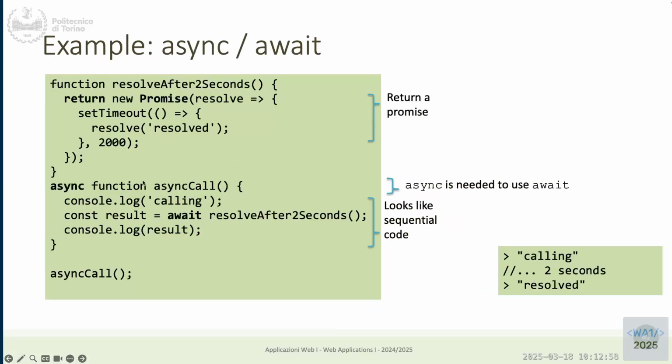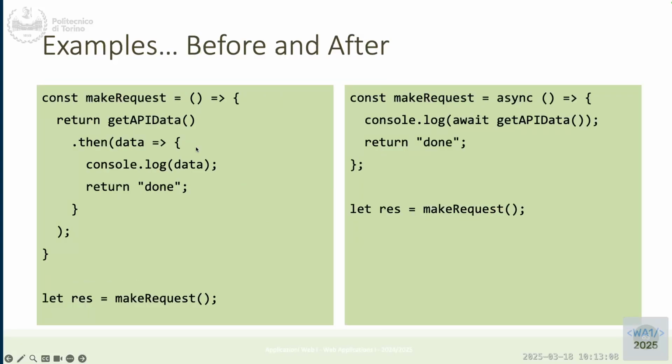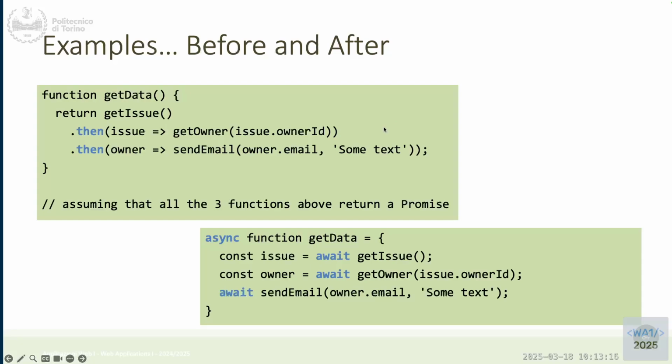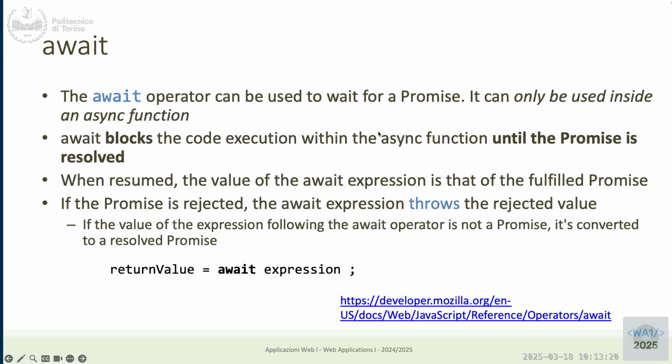Let's see, for example, here, sorry, let me find an example here. No, sorry. I wanted to discuss async before await, but now the slides are mixed up, so I will tell you also about the other keyword, await.